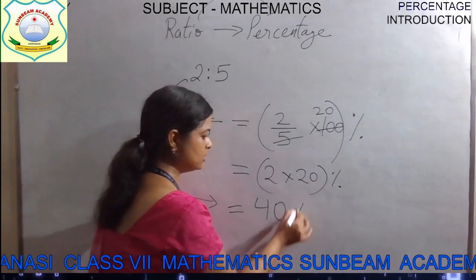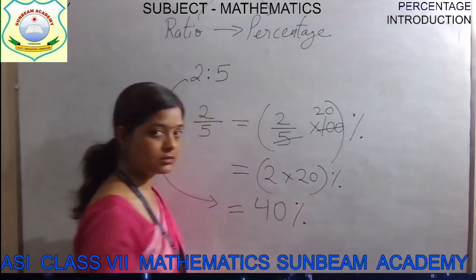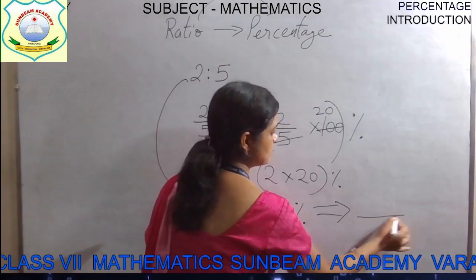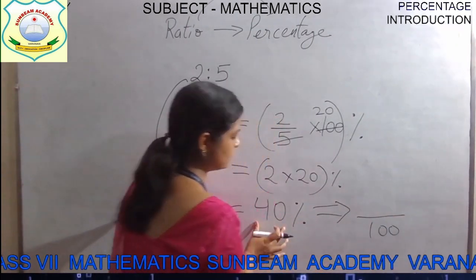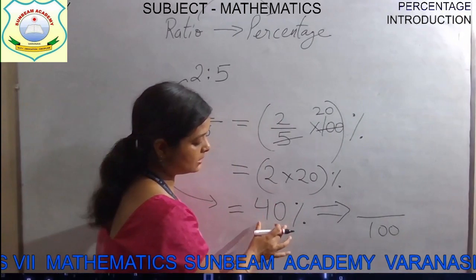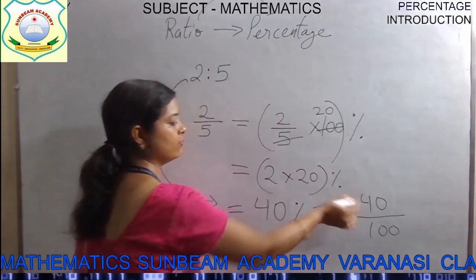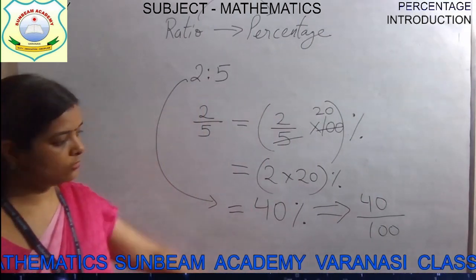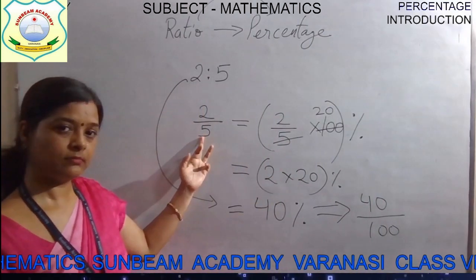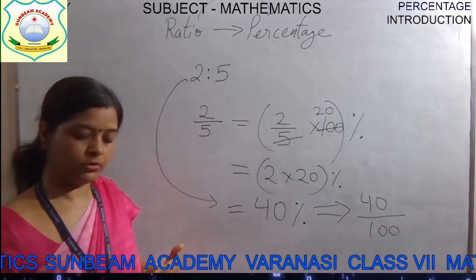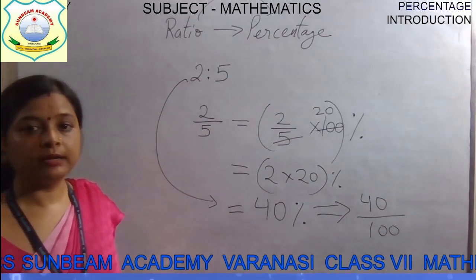So you have to mention that it is a percentage. Percentage means out of 100. 40% means it is out of 100, so this represents 40 by 100. When you simplify it, you will get the fraction, and then you can convert it into ratio. So it is the reverse order also. Let's move ahead with the next topic.